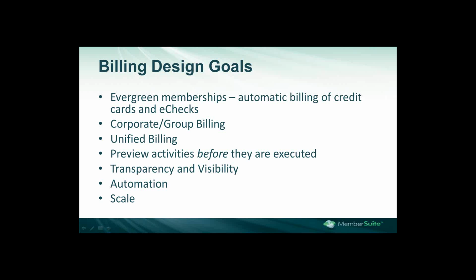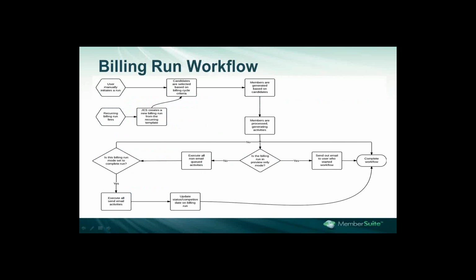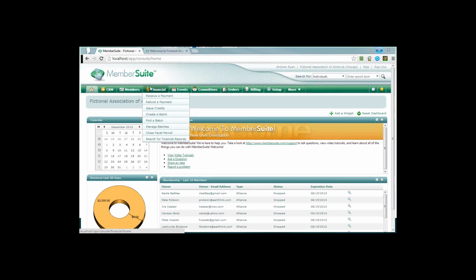And obviously this really required us to go back to the drawing board and reevaluate how we were approaching billing as a feature of the product, and it inspired us to essentially realize this was large enough and involved enough for it to be its own module with its own configuration and its own workflows, and that's really what we did. Okay, so let's take a look at a high level, the billing module.